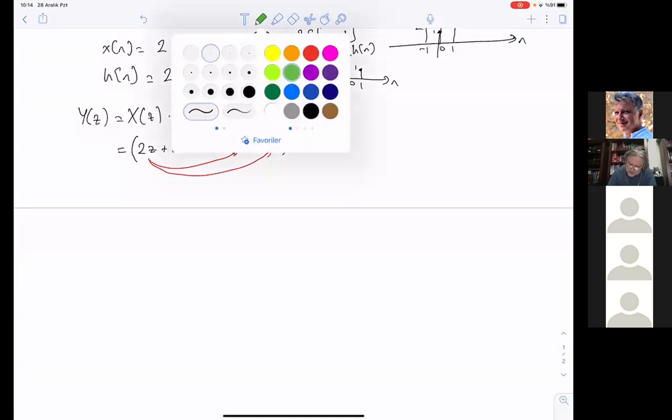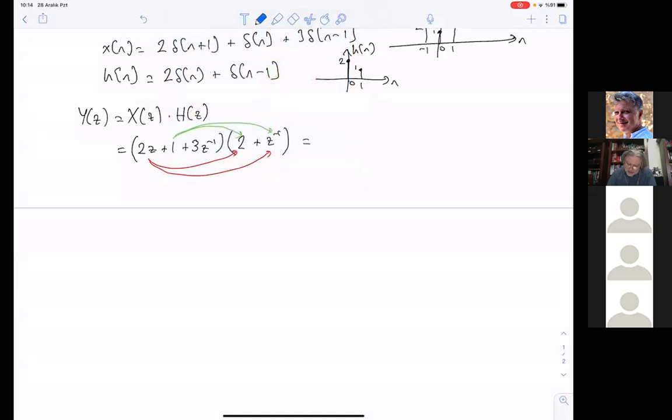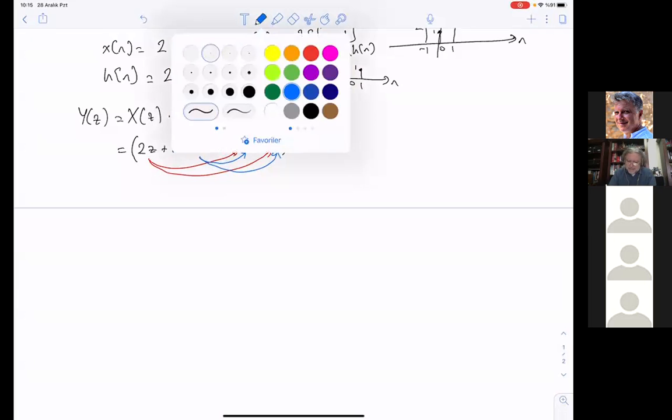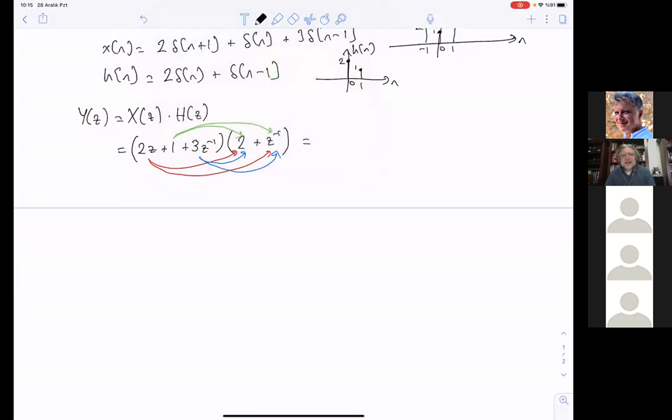And finally, you have to multiply 3z inverse by this and this. And you have to sum up and simplify. Be careful. The common z power terms must be combined all together. That's what makes it a little bit difficult for multiplying these two polynomials.